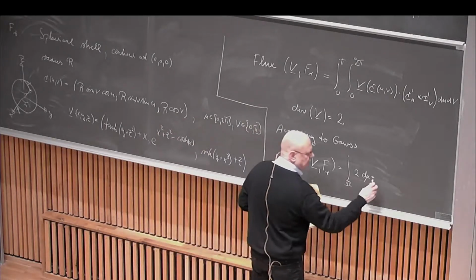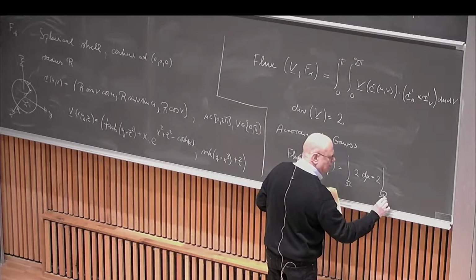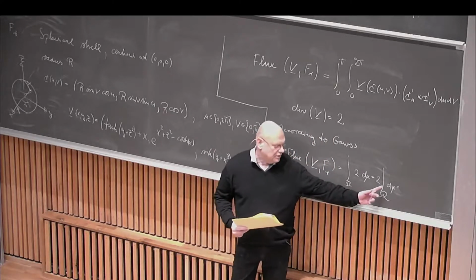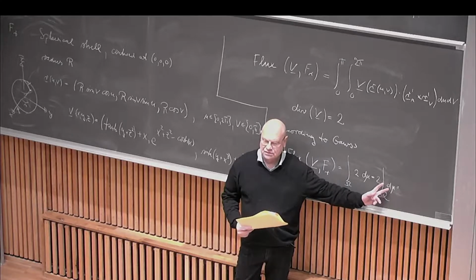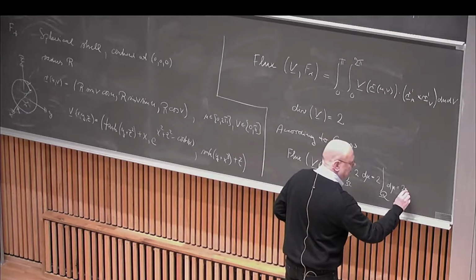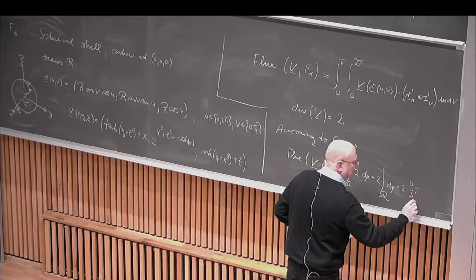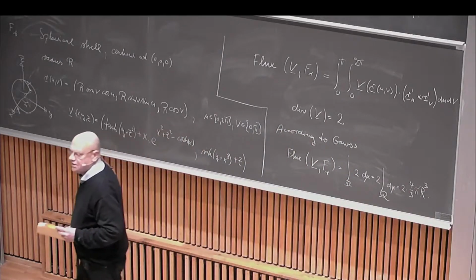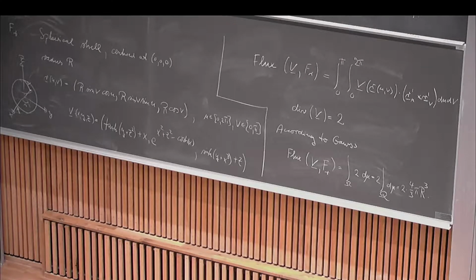Now 2 is constant, you can put it outside, and what is left here is the integral of a 1. So this is simply the volume of a sphere. So the result is 2 times 4/3 pi r cubed. So you can actually do this rather complex calculation of this flux just by mental computation. And this is nice.